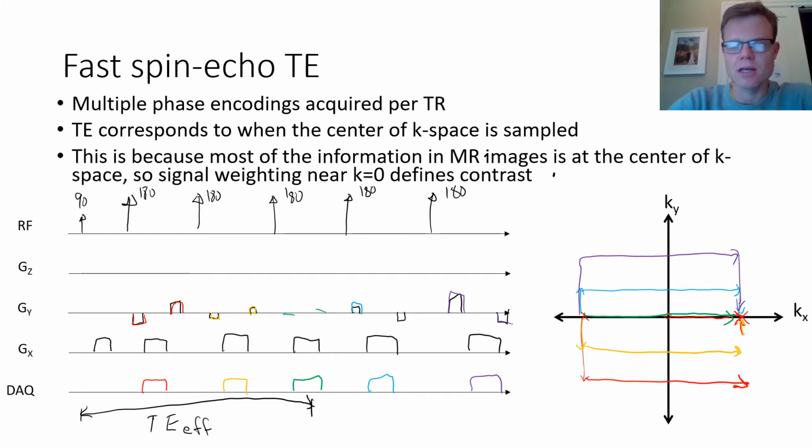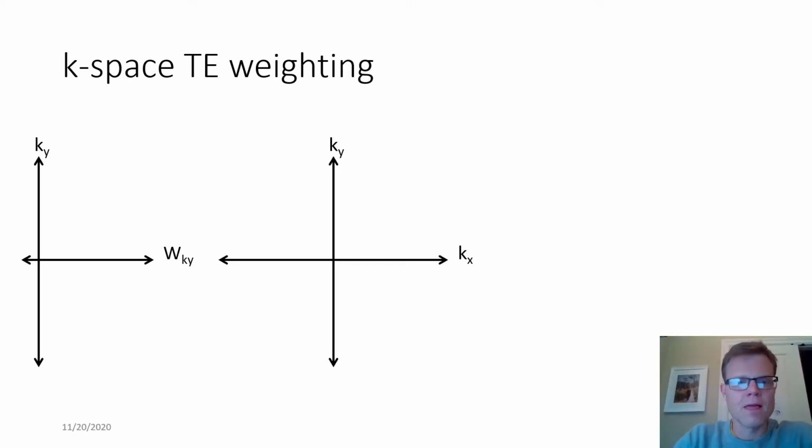Okay, so this last line here is what's going to be our rule of thumb for how we're going to determine the fast spin echo time. And I'm going to write this in this notation, and so let me introduce this here.